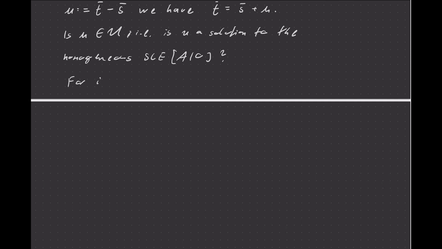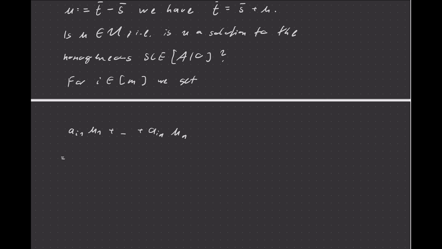And again, we'll just take an arbitrary I in M. So any equation. And we get AI1 U1, plus, and so on, plus AIN UN. And we'd like to see whether this is 0, because that means that U solves the homogeneous system of linear equations.